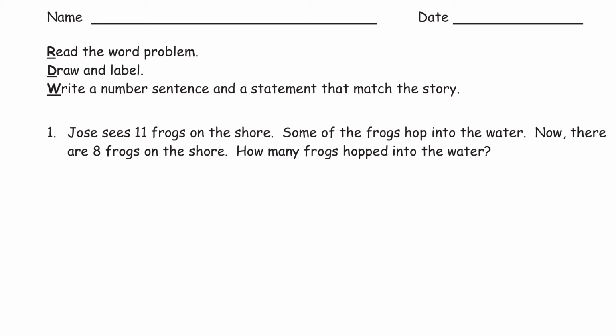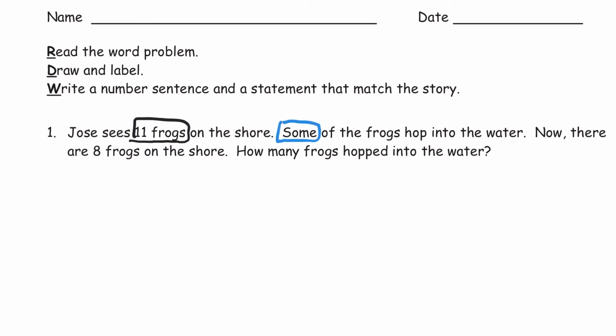Well, I think we need to start drawing this out. It looks like we've got 11 frogs total here sitting on the shore. So we're going to draw out our 11 frogs, and then it looks like some, and remember, some means we don't know how many. So some hop into the water. And in fact, I'm going to make that blue because they hop in the water, so they're going to be wet.